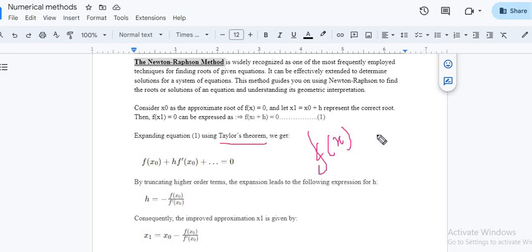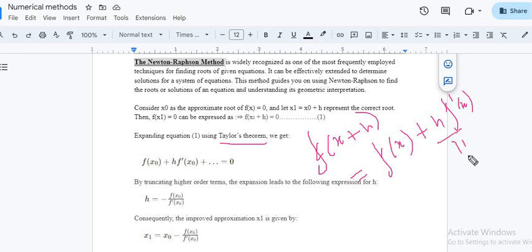So if you have a Taylor series, f of x plus h is equal to f of x plus h times the first order derivative f dash x divided by 1 factorial.